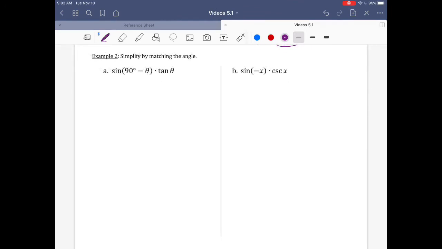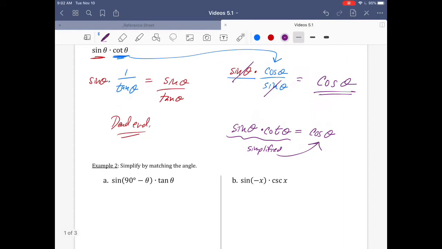So let's take a look at example number 2 here. Now, in example number 1, all of the variables were just simply thetas. So they played nicely together. That's something to keep in mind whenever you are combining, simplifying, multiplying and dividing trig expressions.